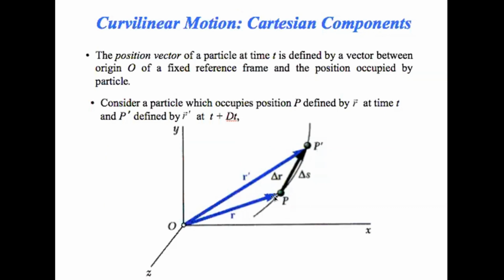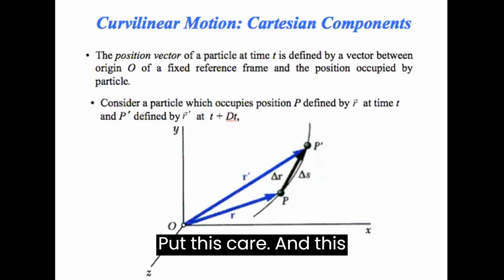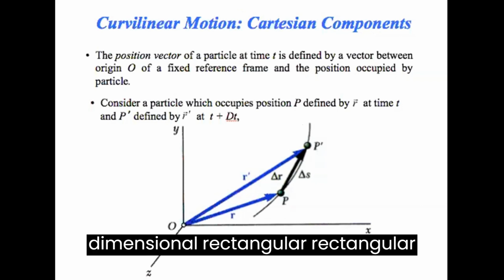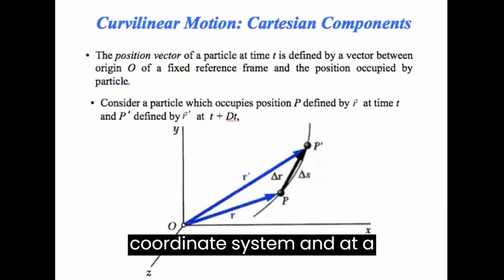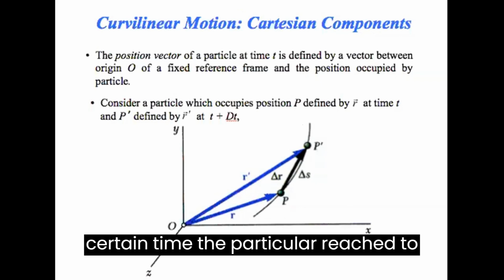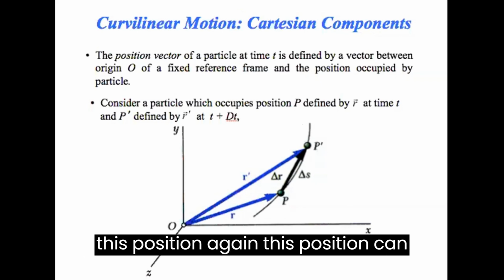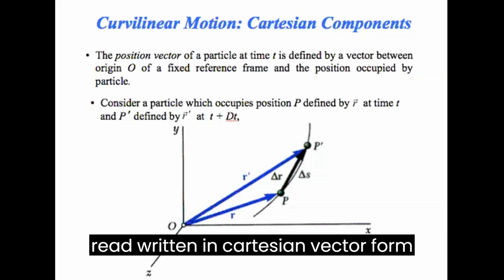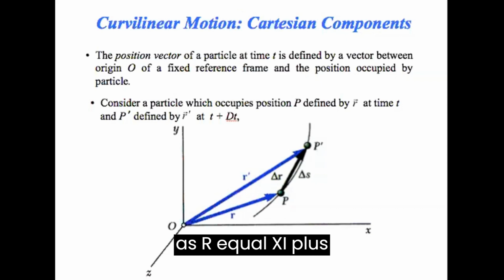Okay, put this curve path in an x, y, z three-dimensional rectangular coordinate system, and at a certain time, the particle reached this position. Again, this position can be represented by vector r, which we can write in Cartesian vector form as r equals xi plus yj plus zk.